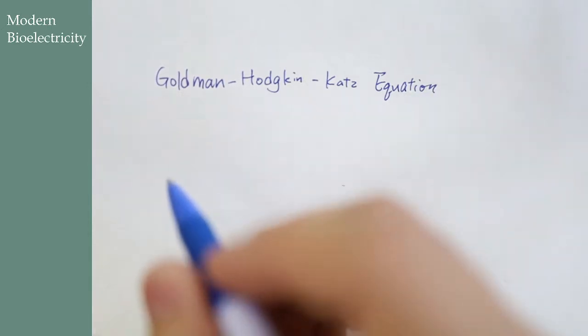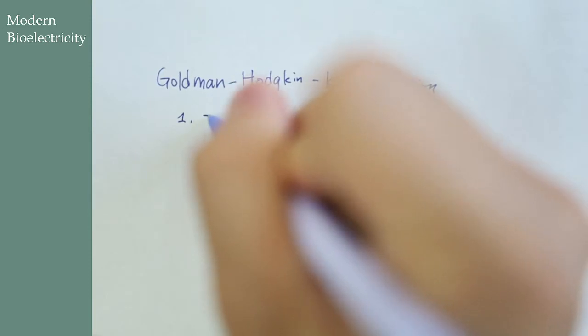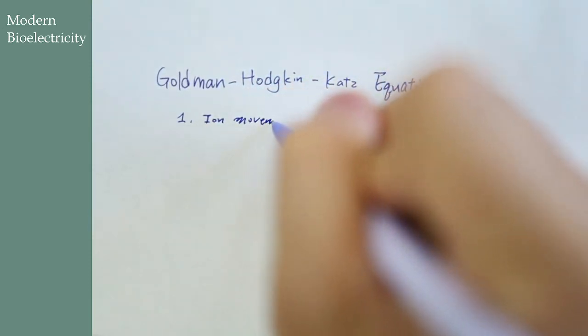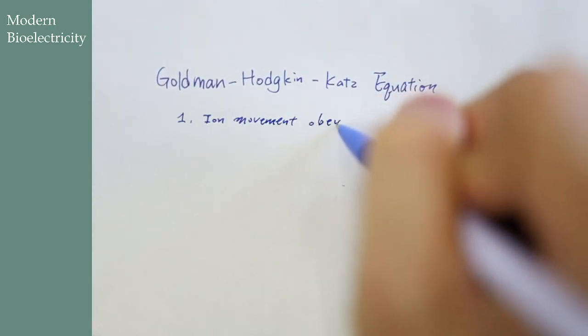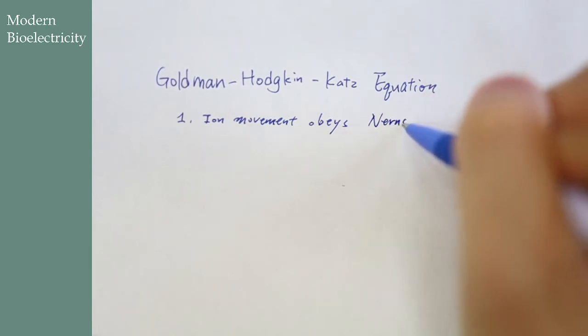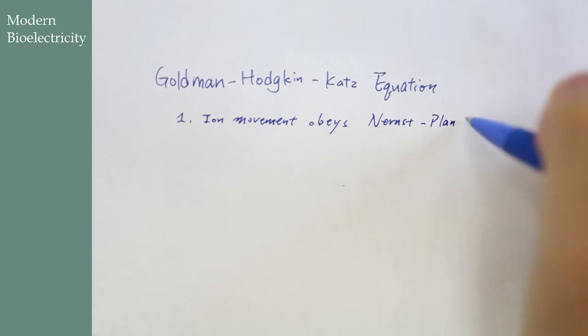It has three assumptions. First, the ion movement obeys the Nernst-Planck equation, which we will discuss when we derive the Nernst equation.